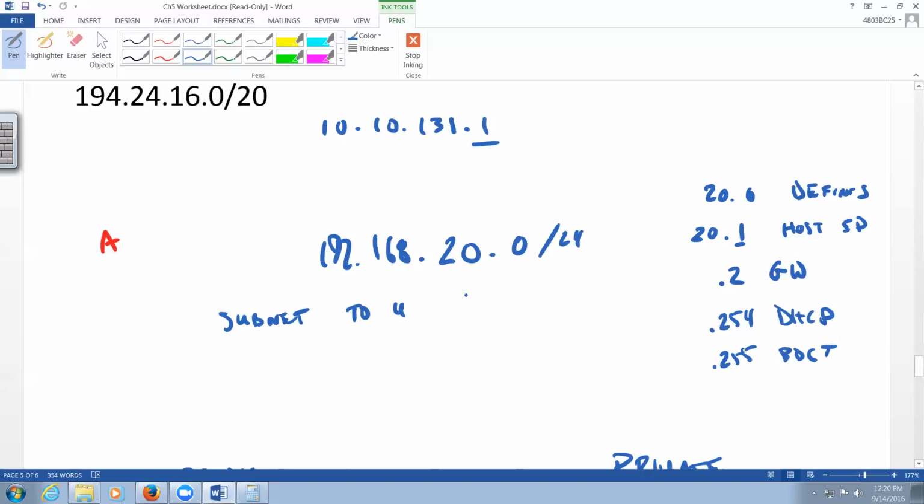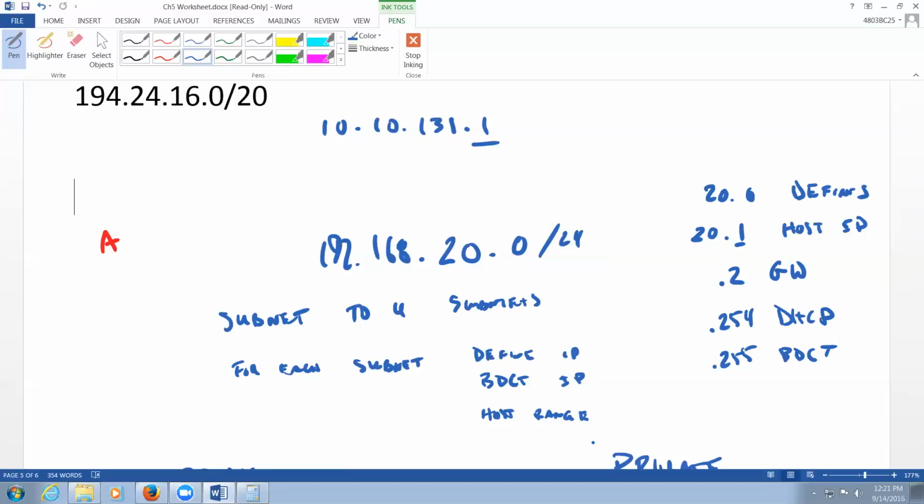And then for each subnet, define a network ID, broadcast IP, and then the host ranges for each of those. Do that amongst your rows, like in 3s.